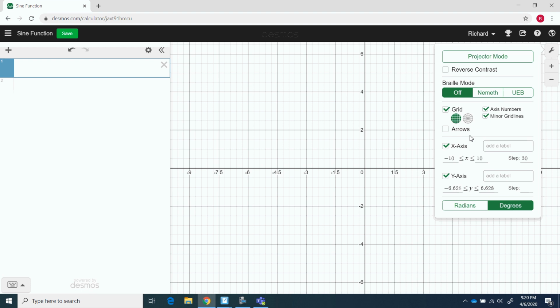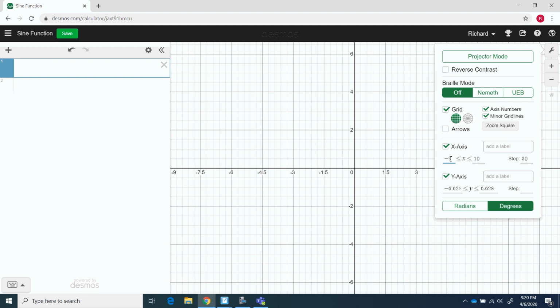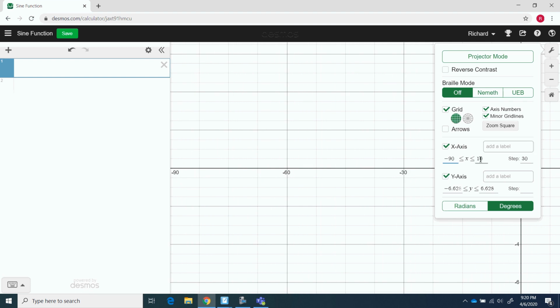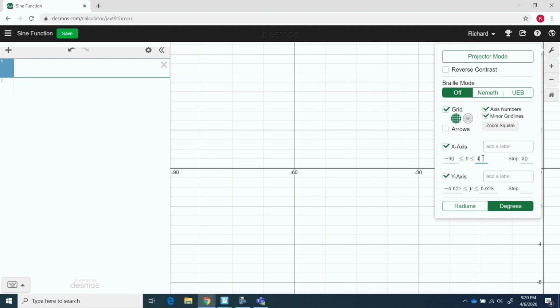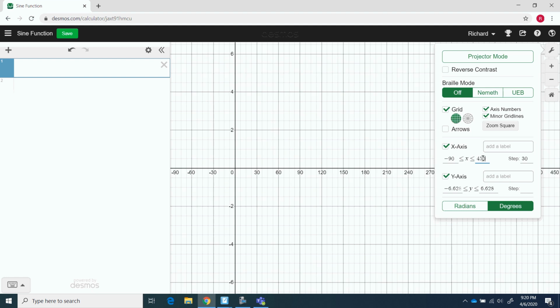I'm going to take the x-axis and go from -90 up to 300. Actually, let's go a little bit further than that. Let's go to 450 degrees. Step just means what do you want your increment to be? You can see I set it at 30, which means I'm going to go in blocks of 30, which I have here.